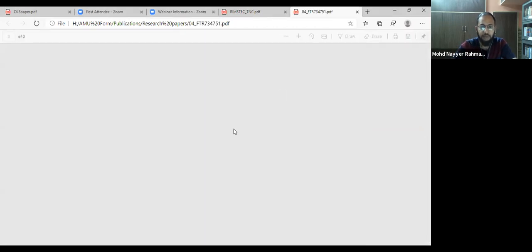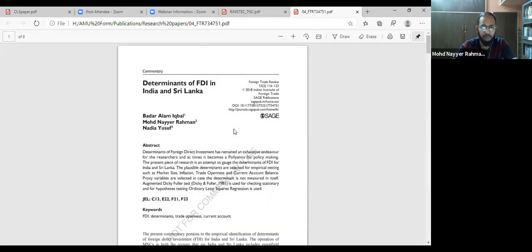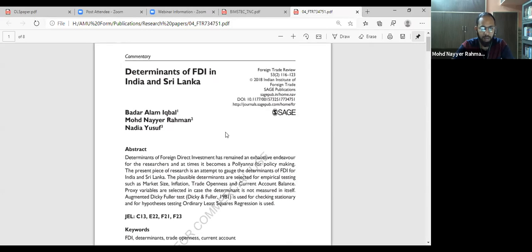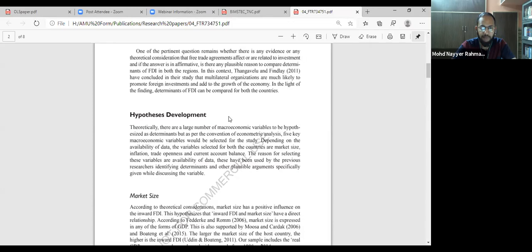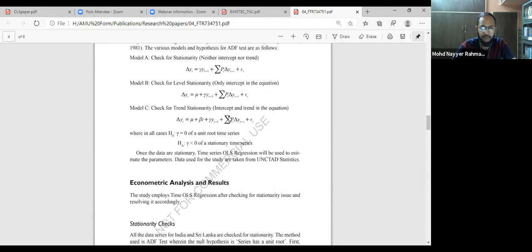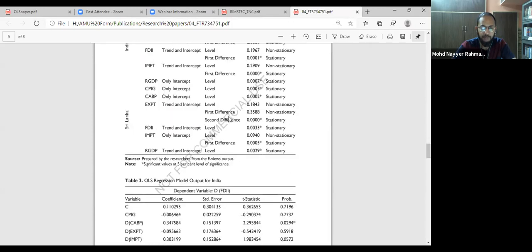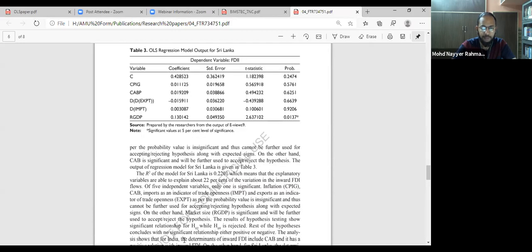Because you see, this is the Foreign Trade Review, Journal of the Indian Institute of Foreign Trade. Again, a good journal by Sage. Here also we have applied the sample properties, regression with the finite sample property. So we have lots of publications which we can share with you.